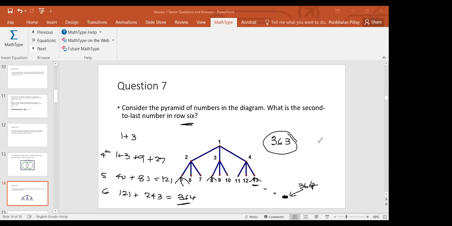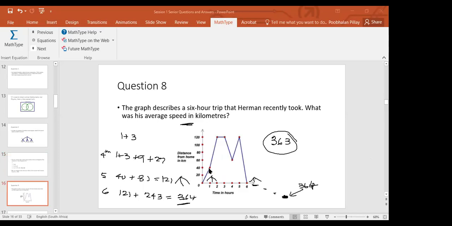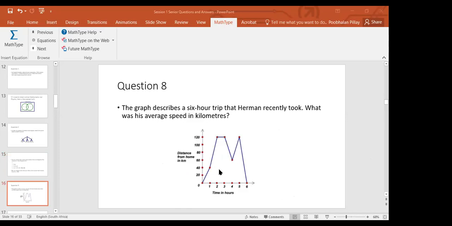All right. Next problem is problem number 8. Now, what is problem number 8? Question 8, an interesting question. It tests to see whether you really understand what graphs are all about in the real world.